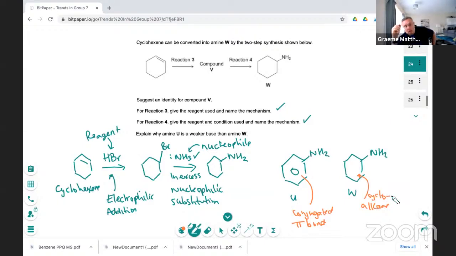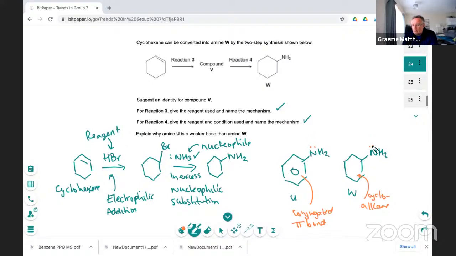So why would amine U be a weaker base than amine W? The only thing I can think of is the lone pair on the nitrogen.